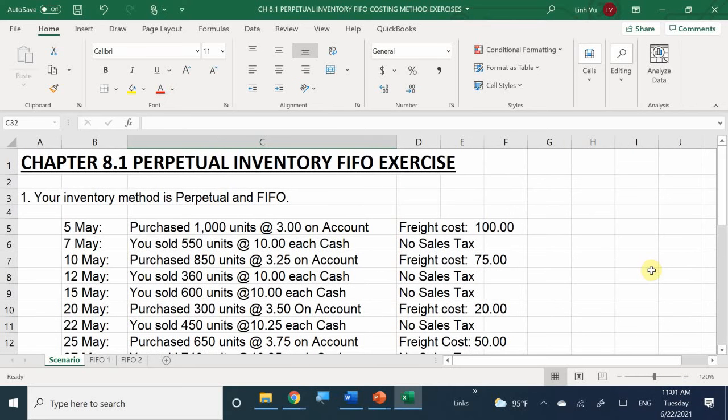So first thing that we got to say here is that number 1, your inventory method is perpetual and it is FIFO. Okay. So on May 5th, we decide to purchase 1,000 units for $3 each on an account, okay, with the freight costing you $100.